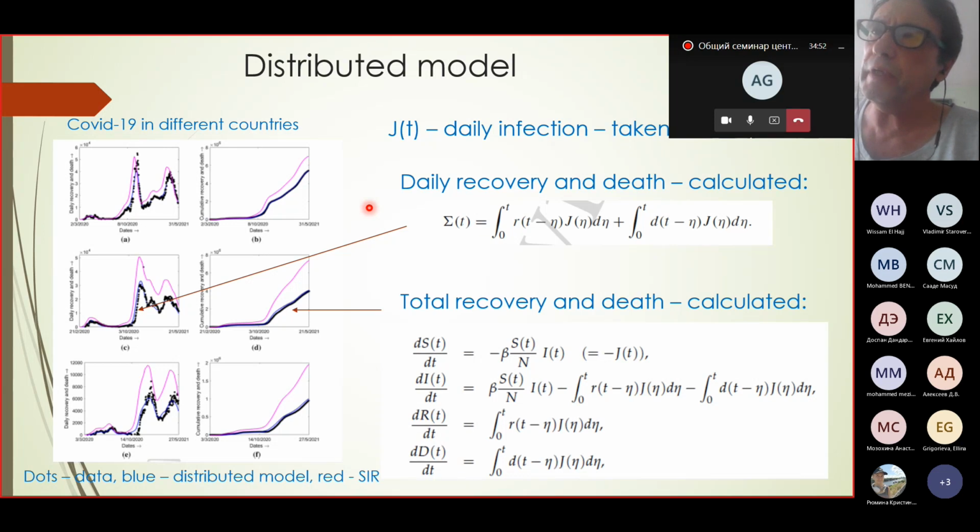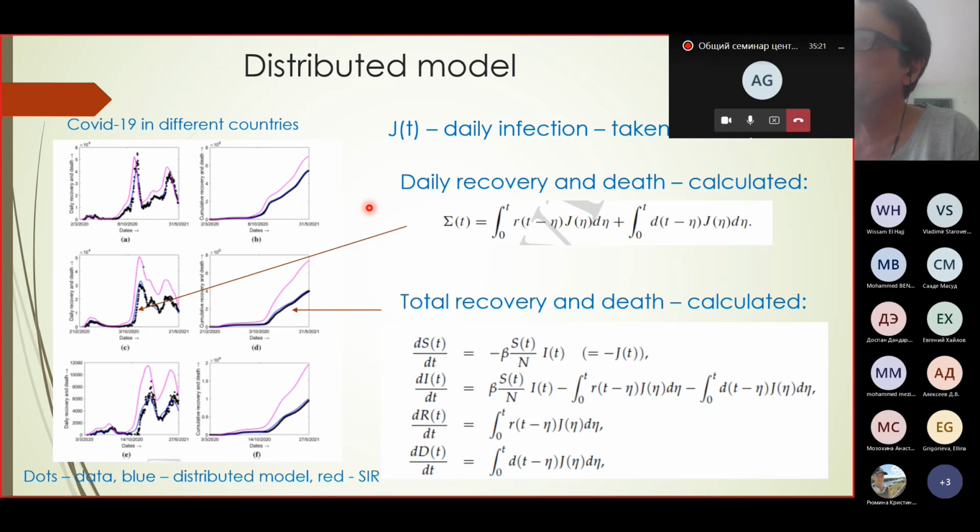I think that here it was taken for Canada, because the problem is that, on one hand, these kernels, the distributions, are known, but you will not find them for all countries. So this is one of the limitations, and this is why we then reduce to a simpler model where we don't need the form of these kernels.